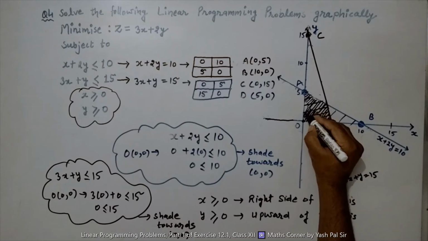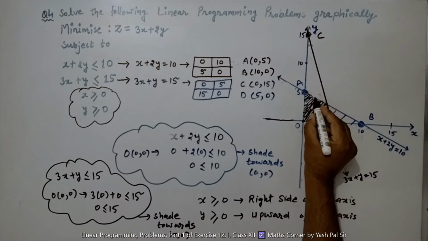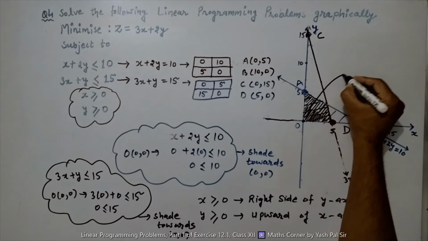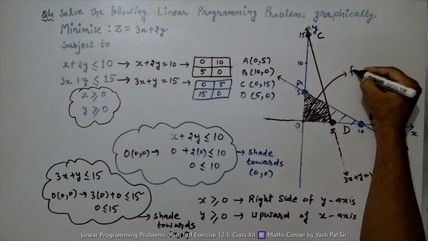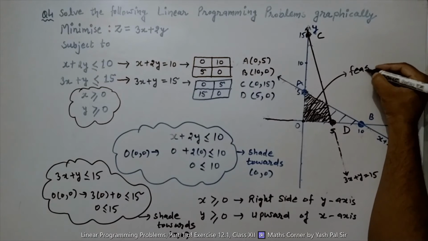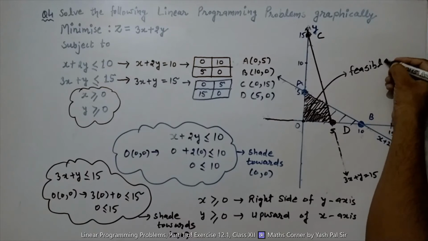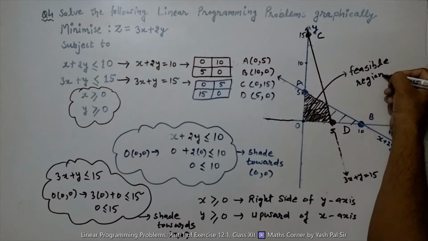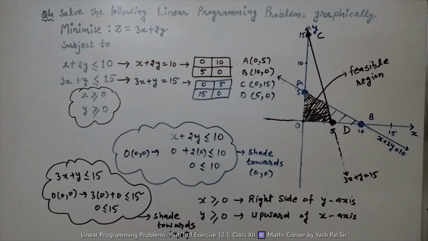So this portion is called the feasible region. What is the name of this portion? This portion is called the feasible region, meaning the solution. Feasible region, this is the solution area.